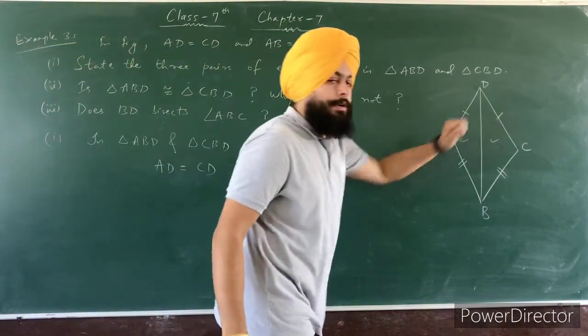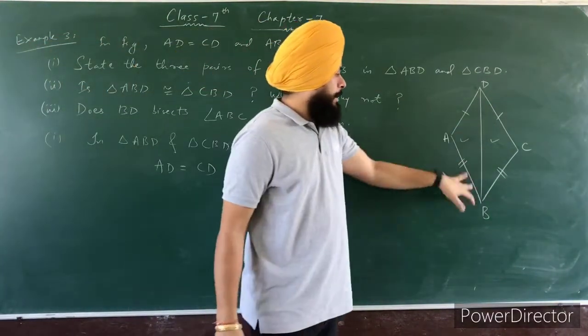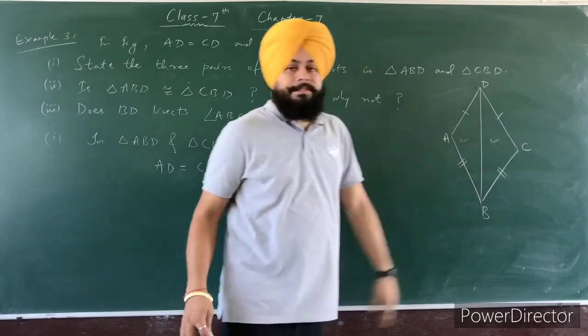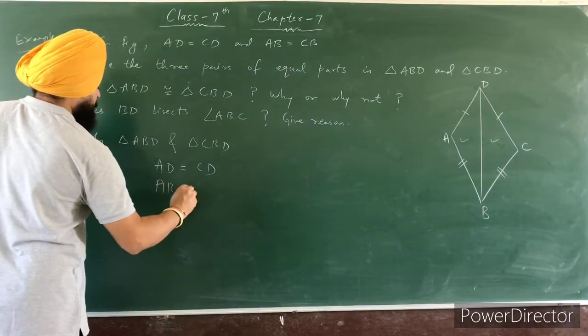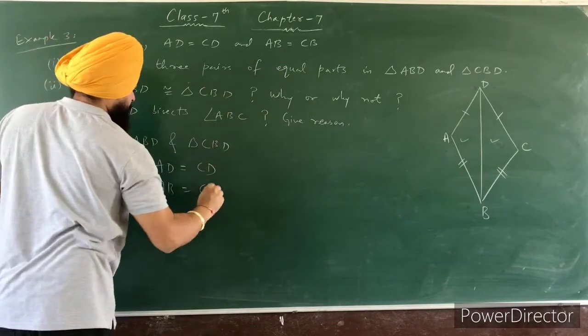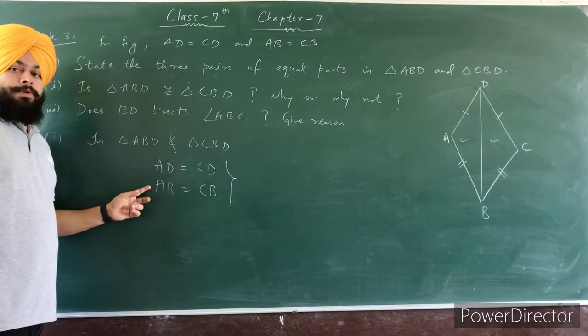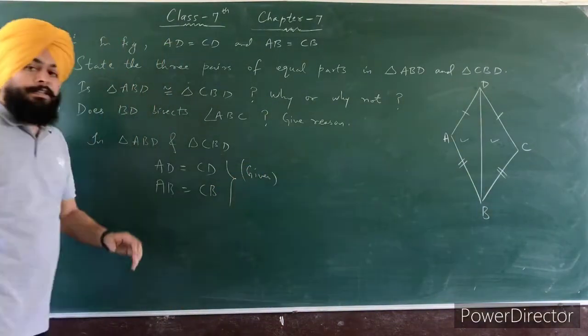This one. Alright. Next again in triangle ABD side AB and in this triangle side BC, or you can write CD. So these two parts are already given. So write here: given. You should write the reason also.